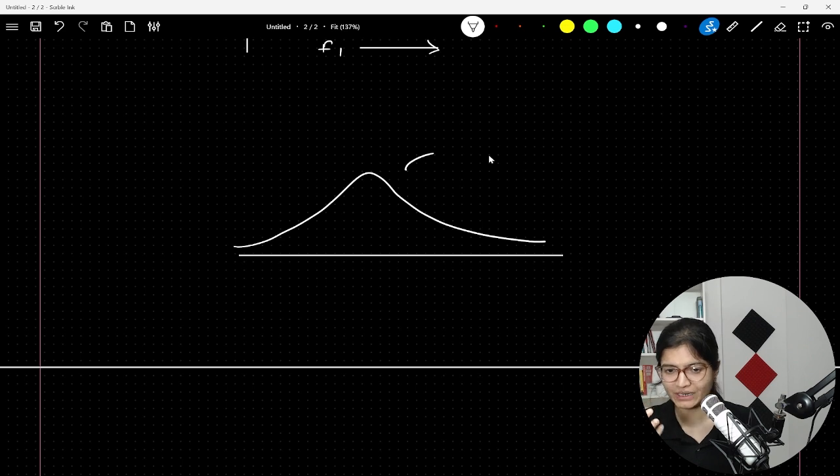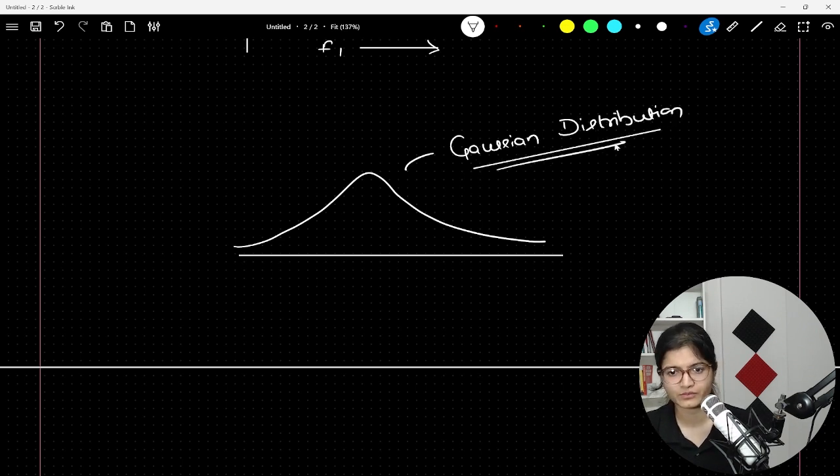I'm not going into that much depth, but I'm just trying to showcase it. If there is anything you're not aware of, please do your own research on the statistical part, right? This is something which we usually call normal form, normal data, or Gaussian distribution or normal distribution. It is very famous in statistical terms, right?